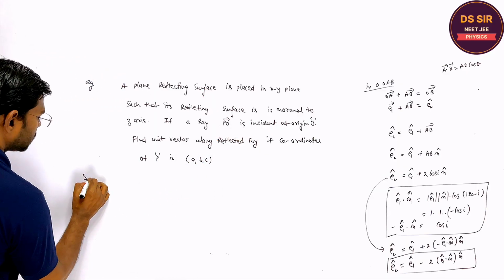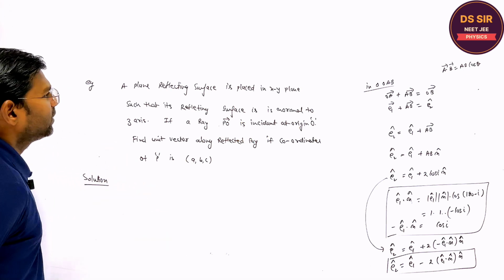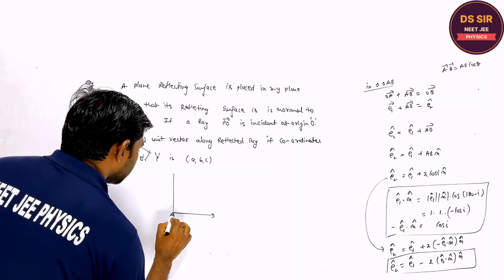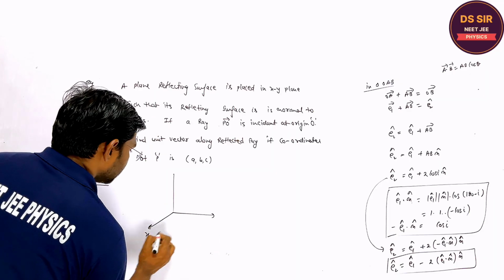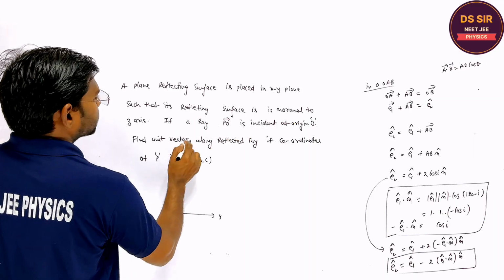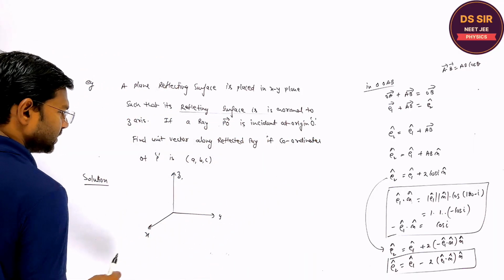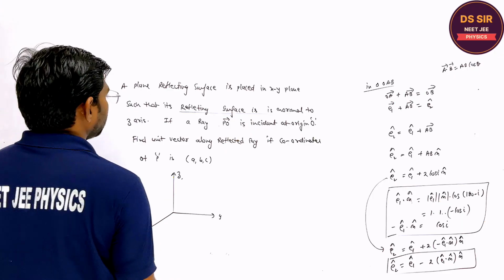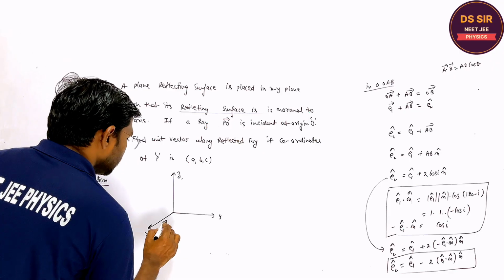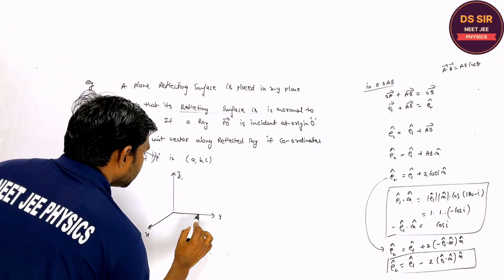I'm explaining the question, then you can better understand. A plane reflecting surface: suppose this is the x-axis, this is the y-axis and this is the z-axis. The reflecting surface is normal to the z-axis, meaning this is the reflecting surface over here, like this.